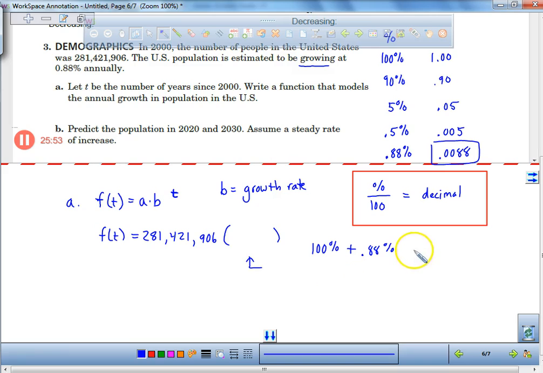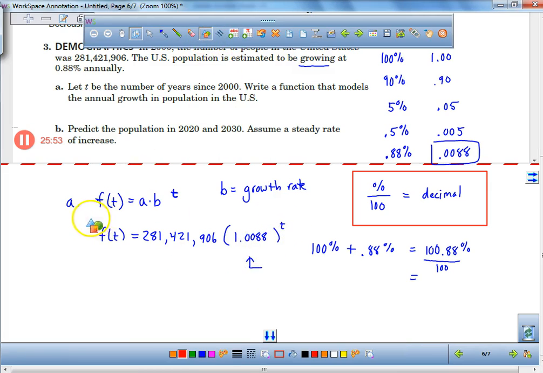Would you guys agree that would total 100.88%? But how do I write that as a decimal? What would I have to divide everything by? 100. So what does that become when we divide by 100? It becomes 1.0088. That's the growth rate right there. And then we raise it to the power of t. And this is our answer.